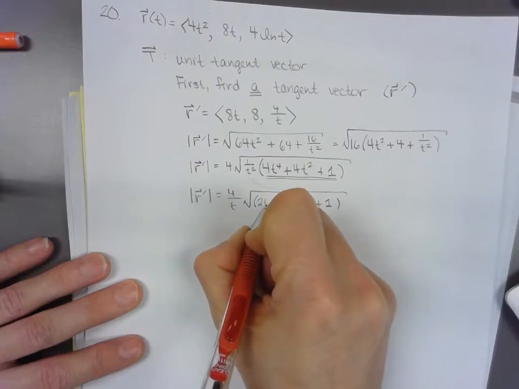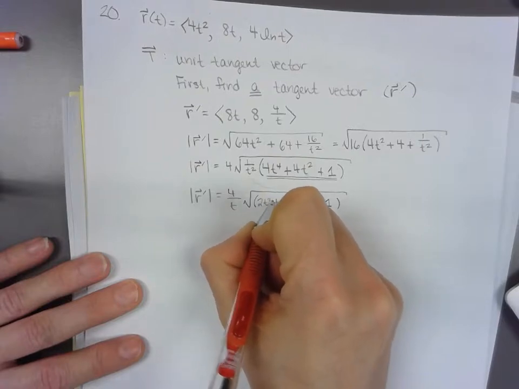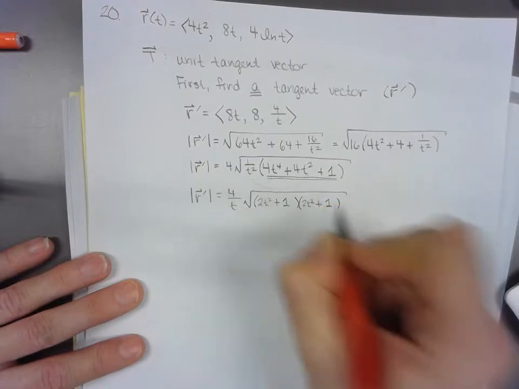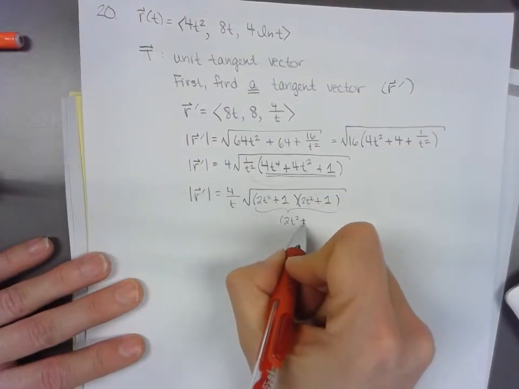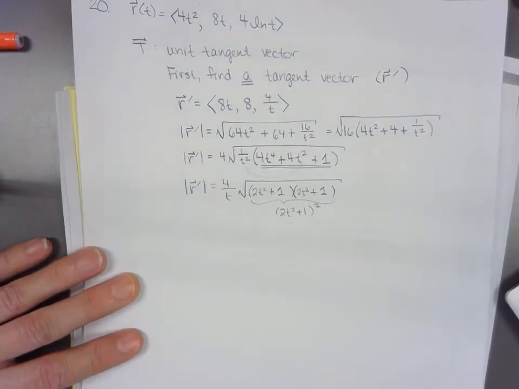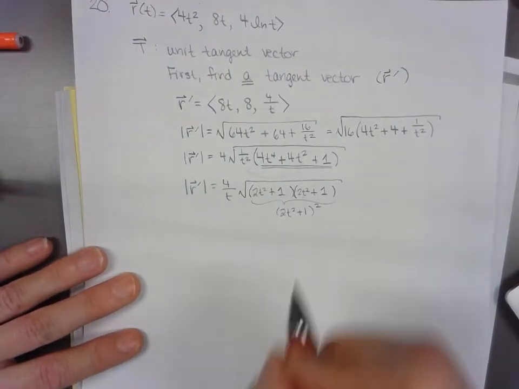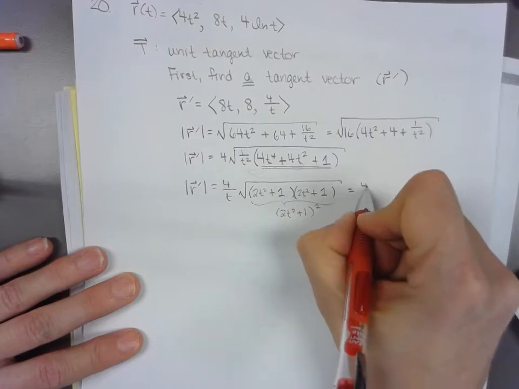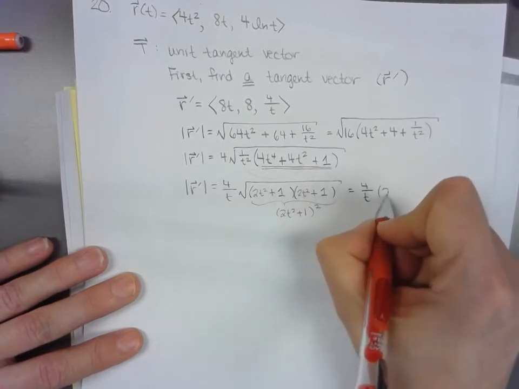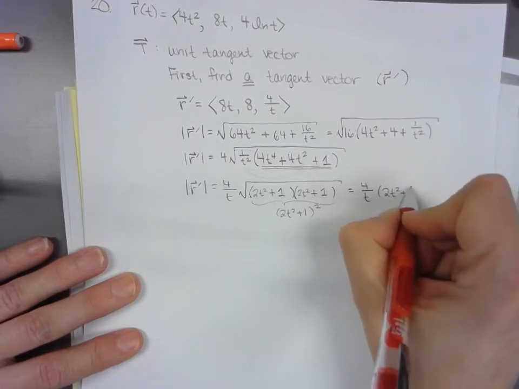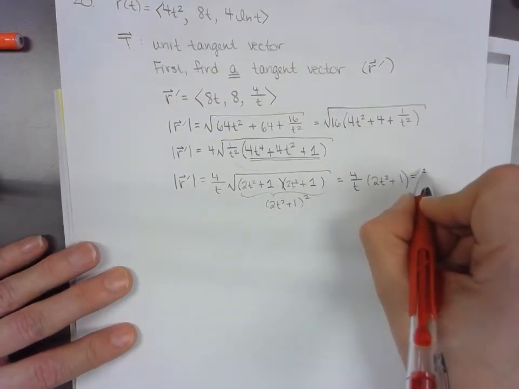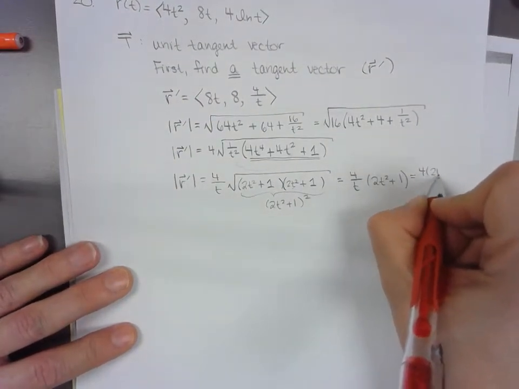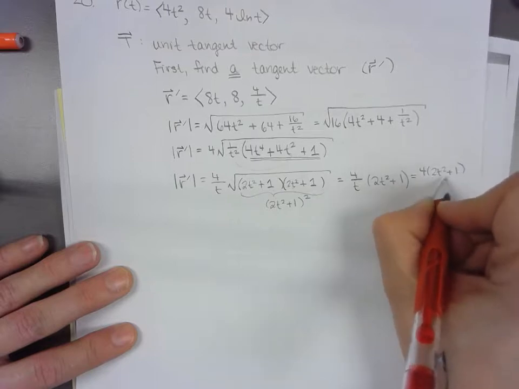We'd have 2t squared, 2t squared. So this is really 2t squared plus 1 quantity squared. So then the square root and the square cancel each other out. So I get 4 over t times 2t squared plus 1, which I'm just going to write as 4 times 2t squared plus 1 all over t.